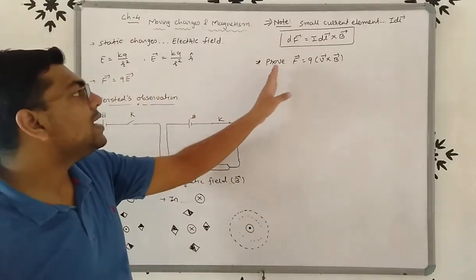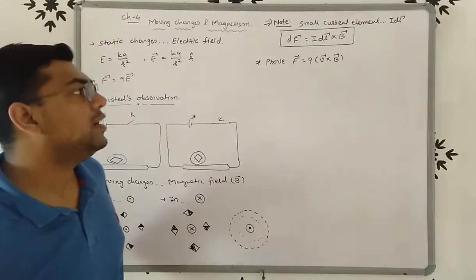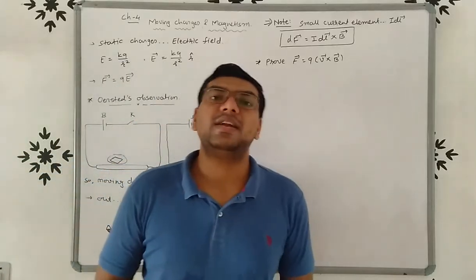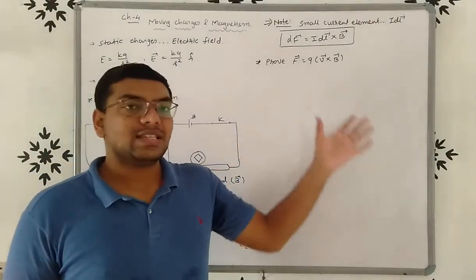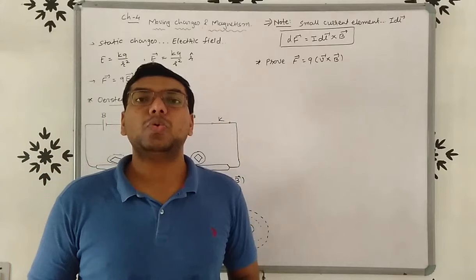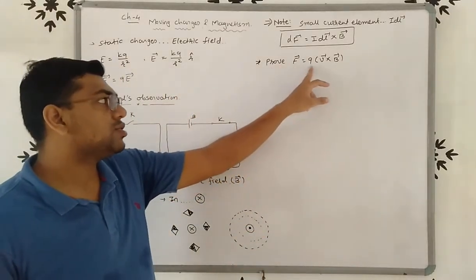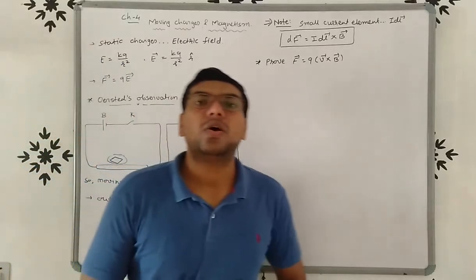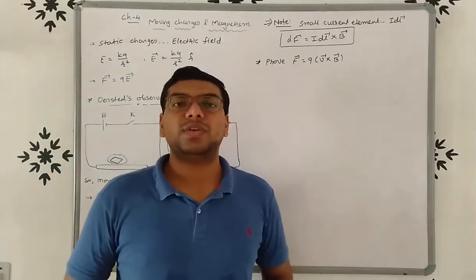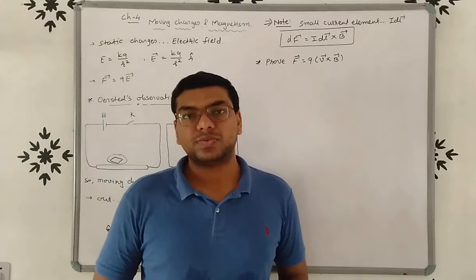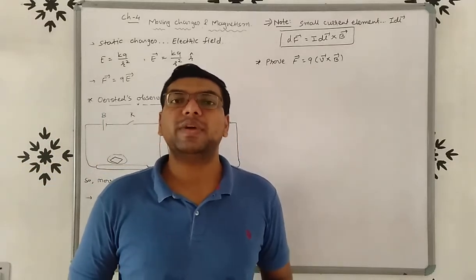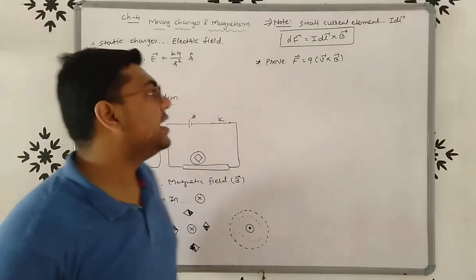So the formula is F equals Q into V cross B. This question will be asked for 2 or 3 marks. I repeat once again: prove F equals Q into V cross B, or prove the formula of force on a moving charge in magnetic field.